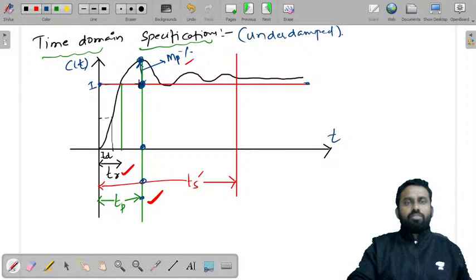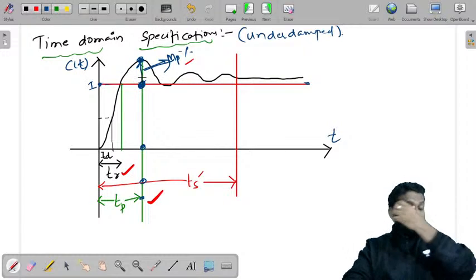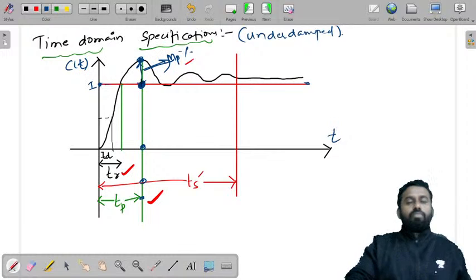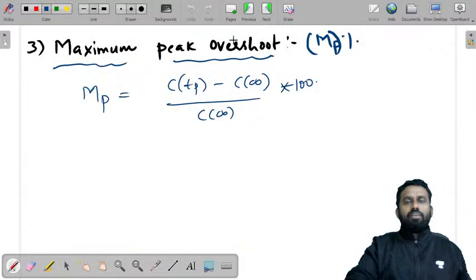We are just trying to find the percentage of maximum increase, the percentage of magnitude that is increasing beyond this final value. So it is with respect to this that I need to find. That's the reason we are writing this as C of Tp minus C of infinity by C of infinity.